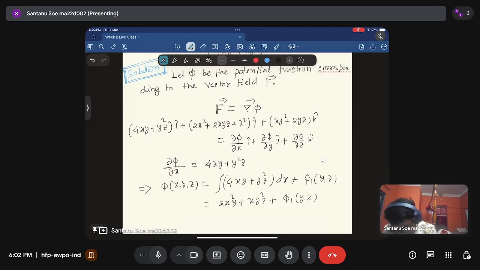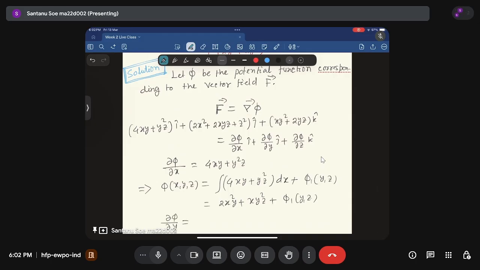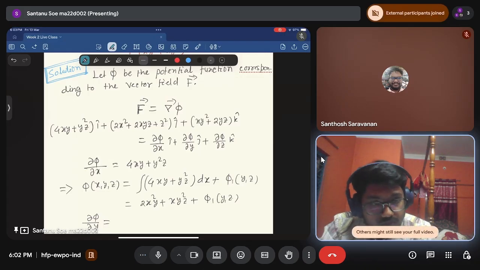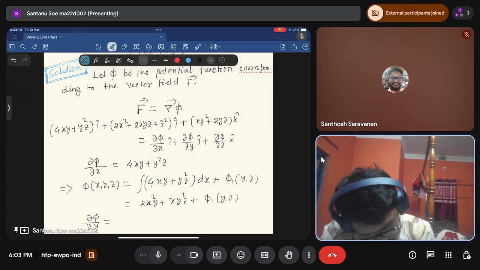Okay. And then again we can see that del phi by del y. So now we are comparing the y component.